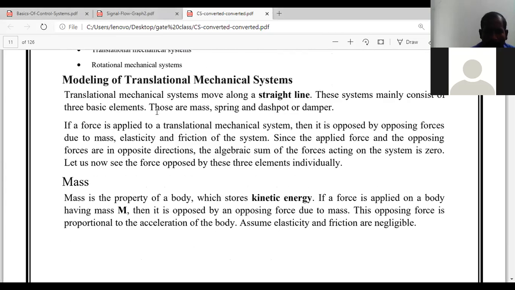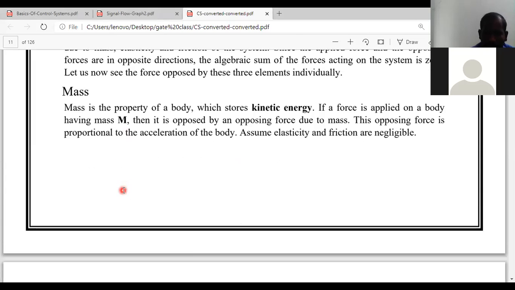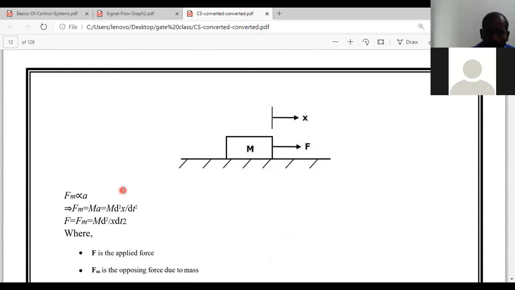You know that the kinetic energy of any mechanical system can be represented by the mass element, and the notation is M. Here x is the displacement variable and f is the force applied. This is the free body diagram for the mechanical translational system. Here you can write the force balance equation.